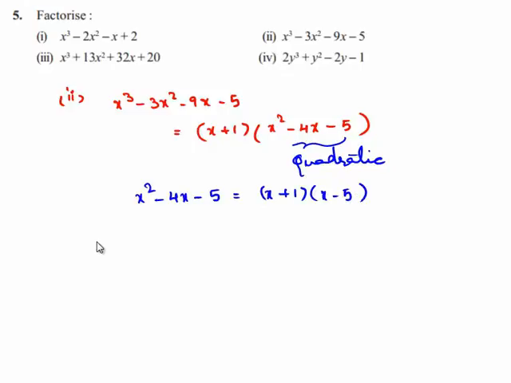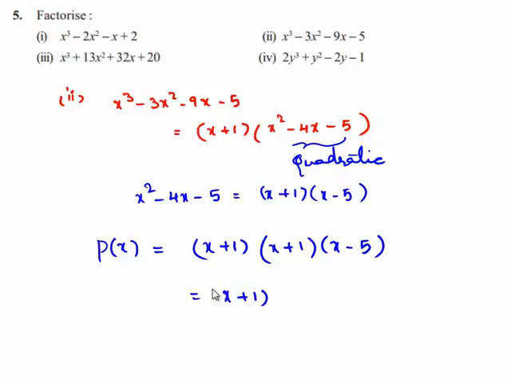So the given polynomial p of x can be factorized as x plus 1 times of, in place of x square minus 4x minus 5 we can write x plus 1 times x minus 5. So the given cubic polynomial can be factorized as x plus 1 times x plus 1 times x minus 5, which is x plus 1 whole square times of x minus 5.